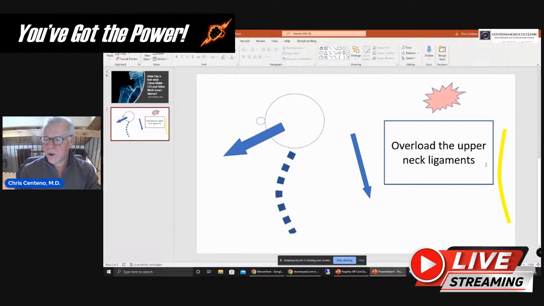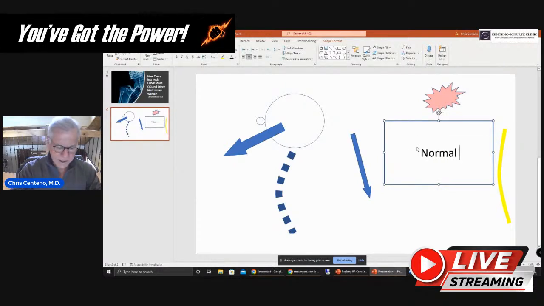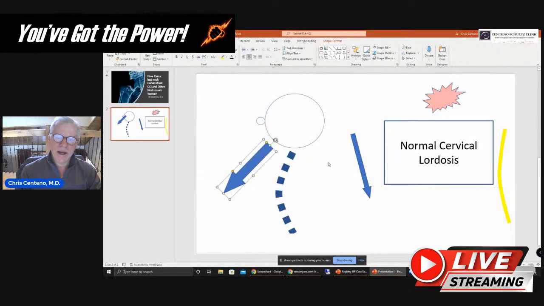So let's start with a normal cervical lordosis, right? That's what you're seeing. A normal cervical lordosis is a normal cervical curve. In that case, we've got the weight of the head pretty well balanced, so the forces are approximately equal in the front and the back.